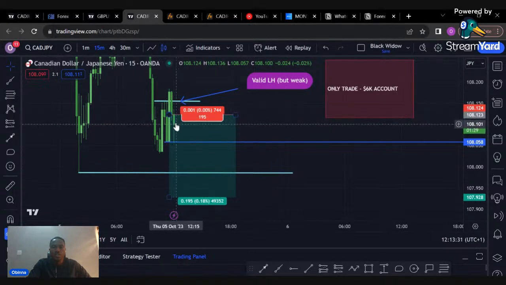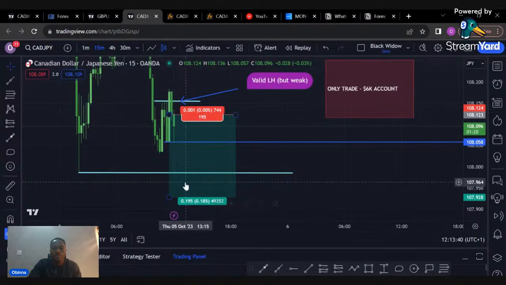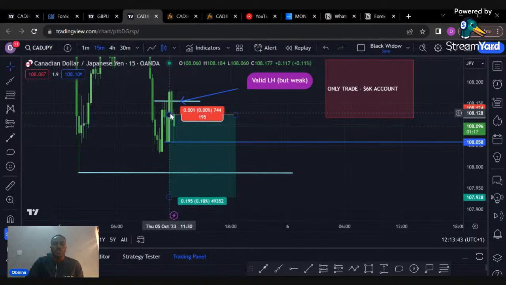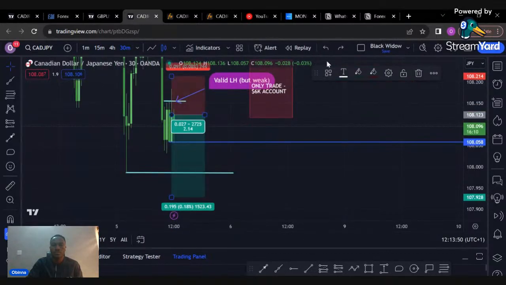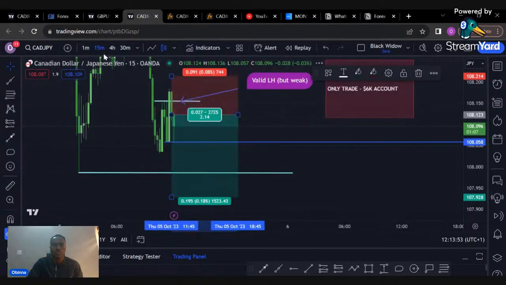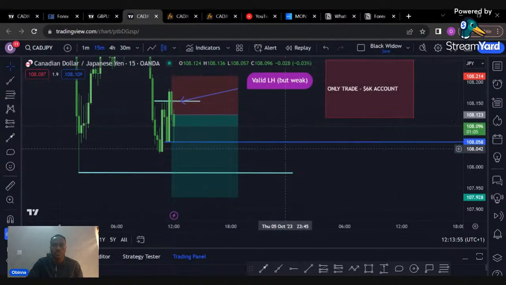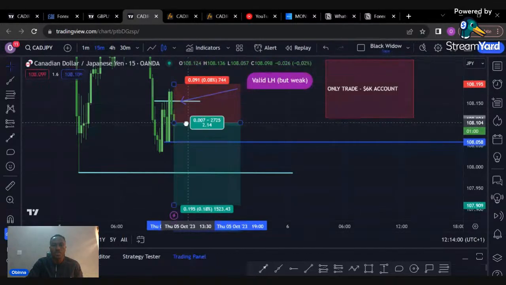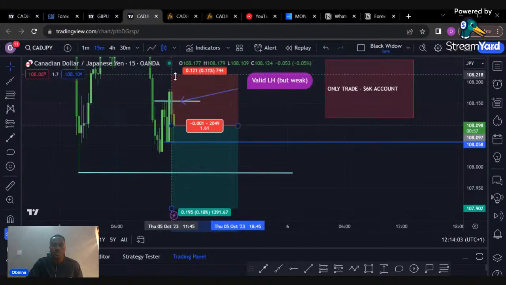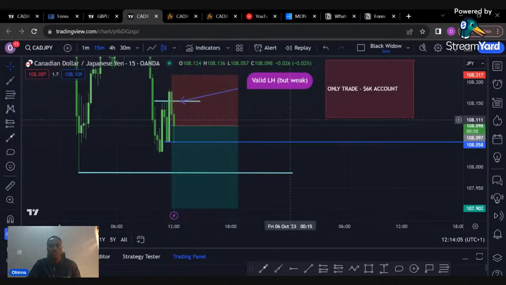Can someone still take a trade here? Yes, you can still take a trade here. There's still reason for price to go down if you want to still take a trade. So if you're taking this trade from this point, you have to increase your stop loss, that's like 12 pips.